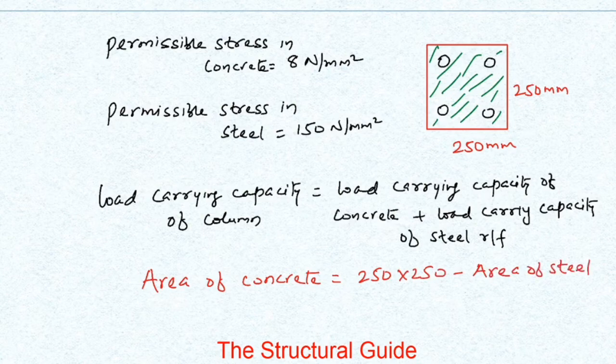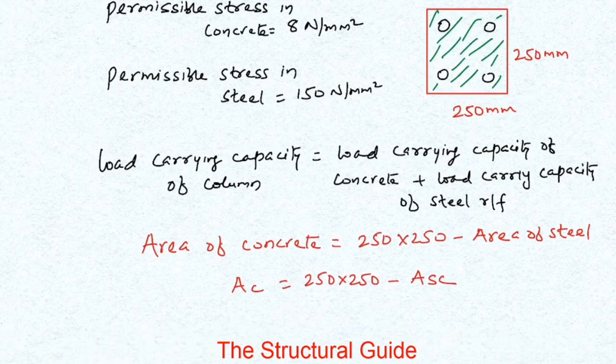So I am naming it area of concrete, that is AC, equals 250 by 250 minus the area of steel, ASC. Since the reinforcement is there, you need to subtract the area of reinforcement from the total area to calculate the area of concrete.